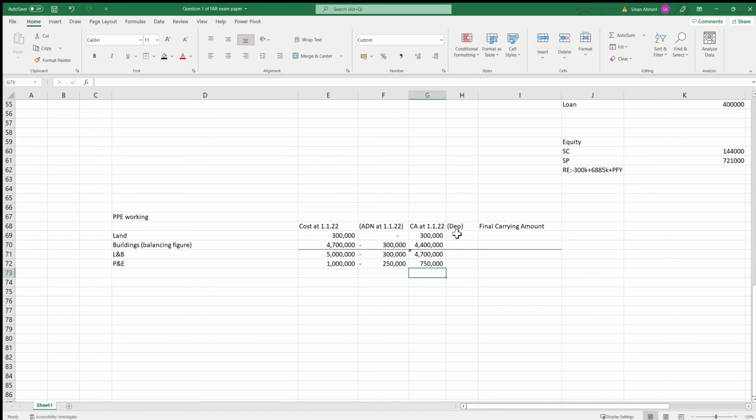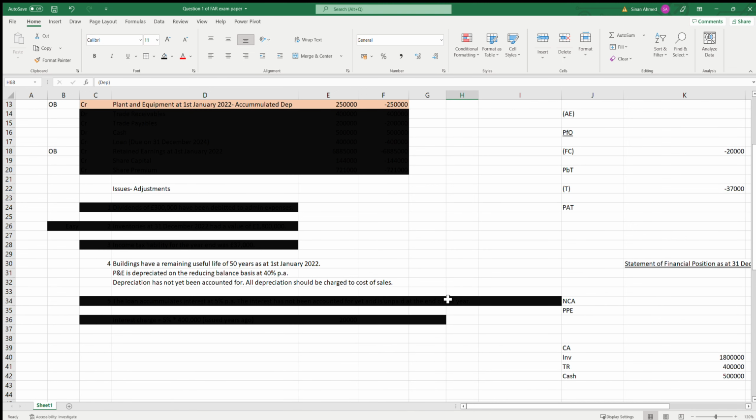Now we have to work out our depreciation. And how are we going to work out our depreciation? Well, we have to understand where we're going to charge the depreciation to and what the criteria for it are. So we're told buildings have a remaining useful life of 50 years as at 1st of Jan 22, and PE has to be depreciated on a reducing balance basis at 40% per annum.